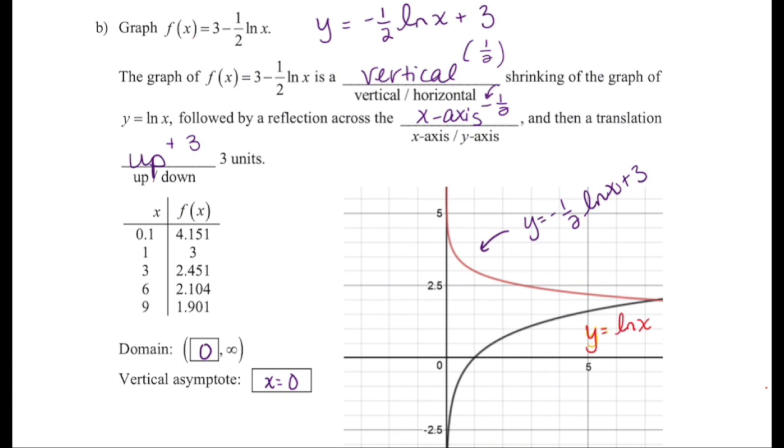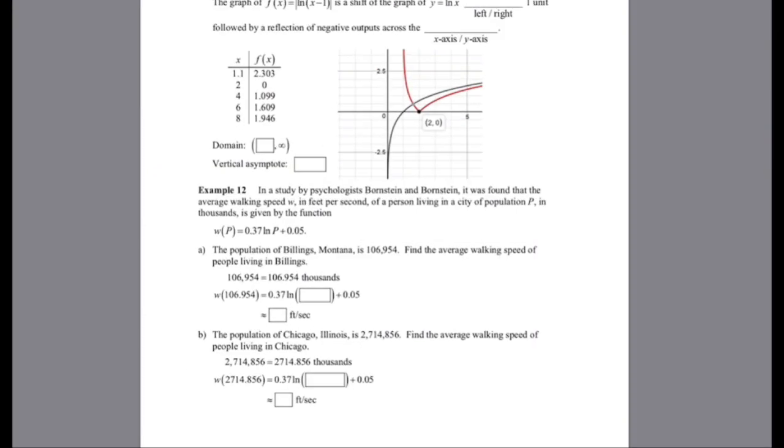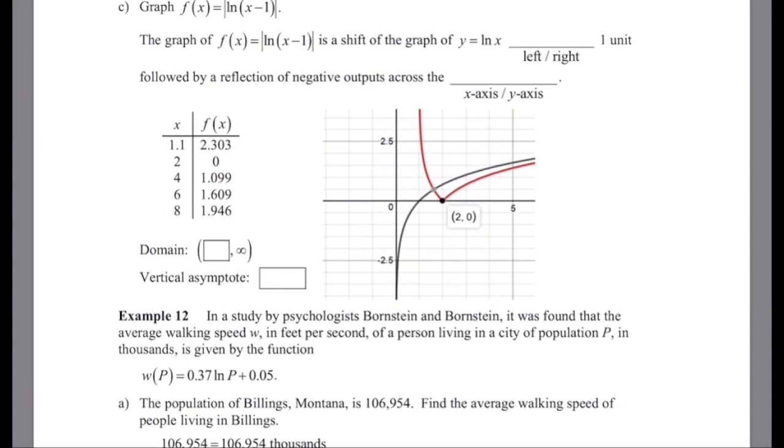Now we have an absolute value. How does the absolute value change? Notice that we're subtracting 1 on the inside of our function, and since it's on the inside, that tells us we're moving left or right.